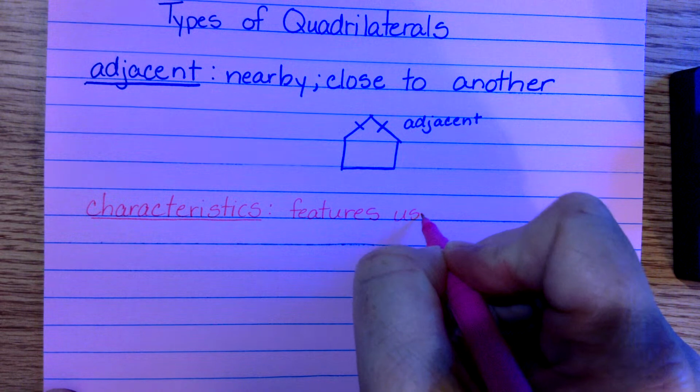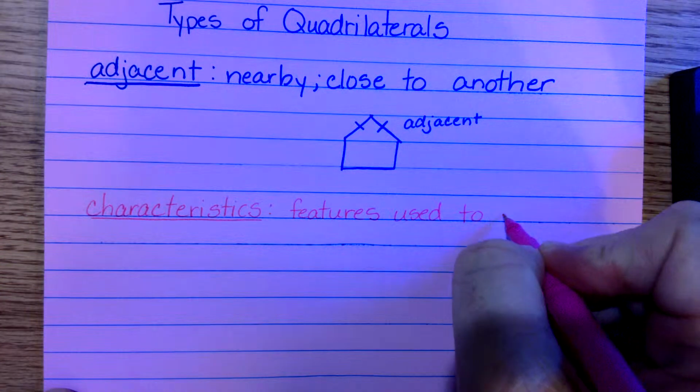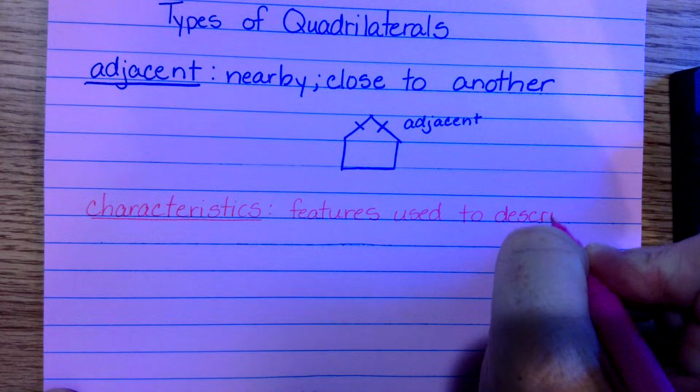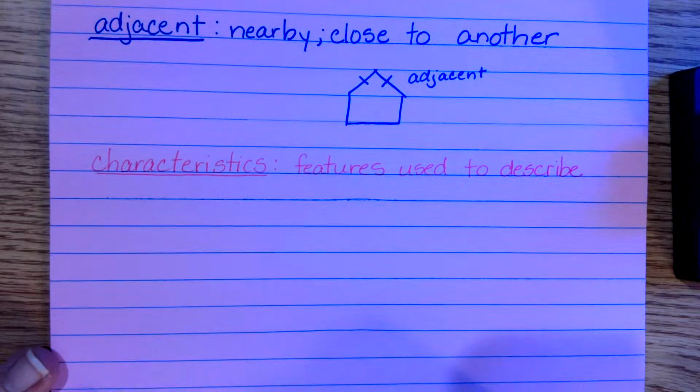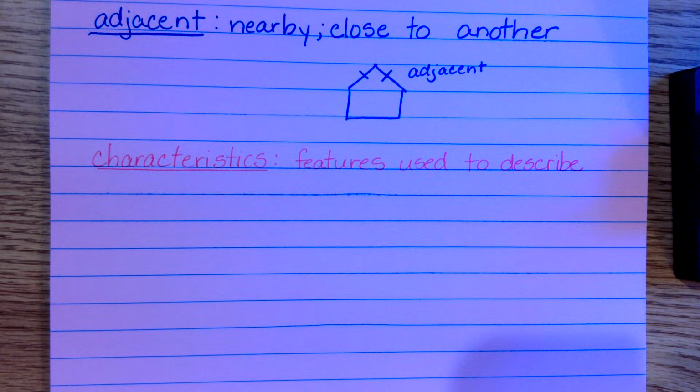Features used to describe so that we know what it is. For instance, if I told you that Mrs. Cito is a kind and caring teacher with blondish brown hair and hazel eyes, those are the characteristics of Mrs. Cito that we would use to describe her. If you like her, you may think she's mean, but we would use those characteristics so that people would know who or what we are talking about.